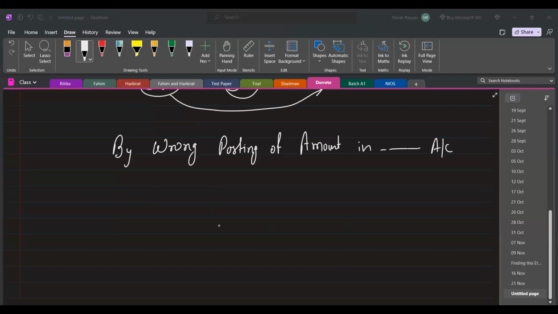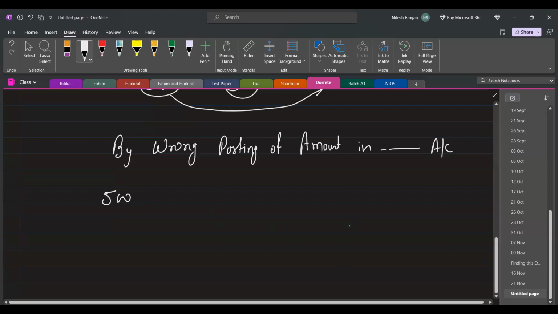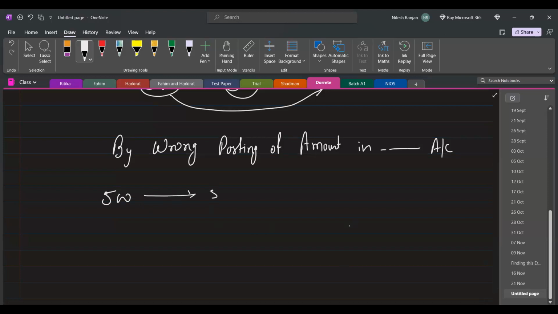Okay. Now, what if instead of 500, you have written 50 rupees on the debit side?